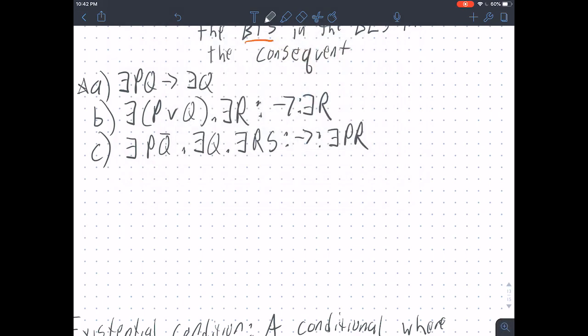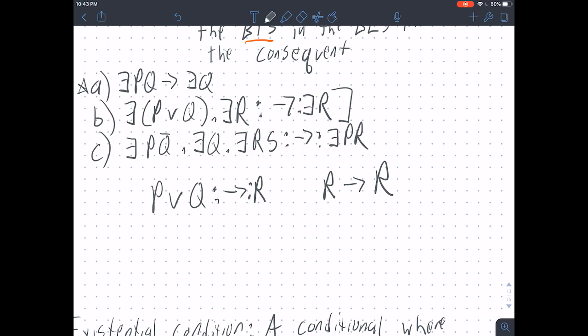So we'd have to, again, just look at B. Right, P implies R, so that's one of the things we have to test, and the other one is the second conditional.